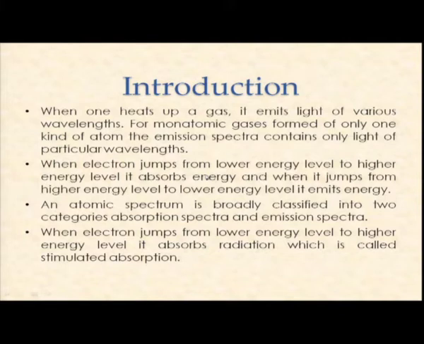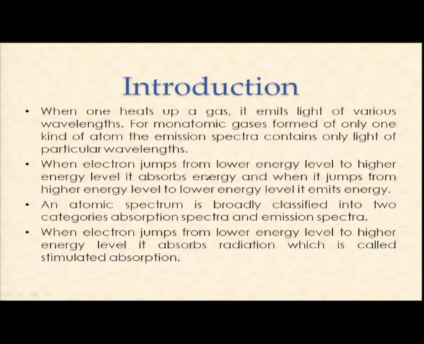When an electron jumps from a lower energy level to a higher energy level, it absorbs energy, and when it jumps from a higher energy level to a lower energy level, it emits energy. An atomic spectrum is broadly classified into two categories: absorption spectra and emission spectra. When electrons jump from a lower energy level to a higher energy level, they absorb radiation, which is called stimulated absorption.